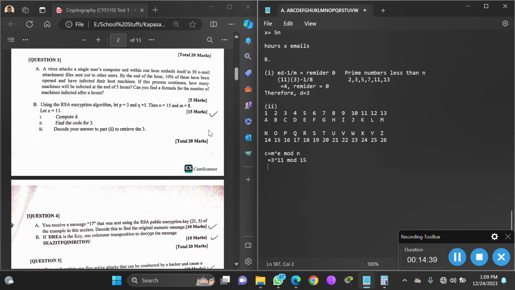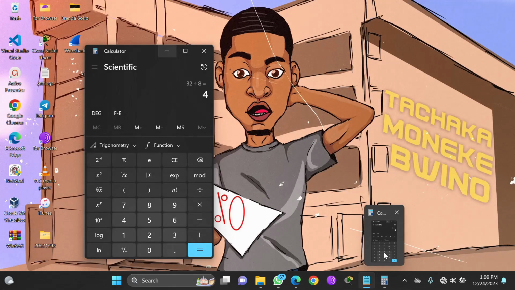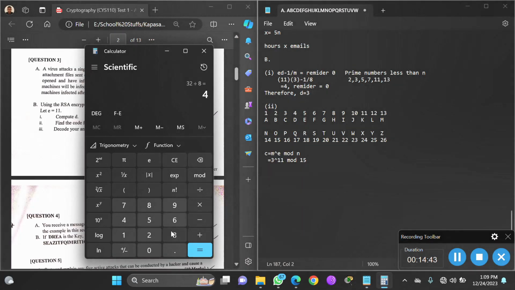So now we just need to go to our calculator, then say 3 power 11, like that. So we get this answer.